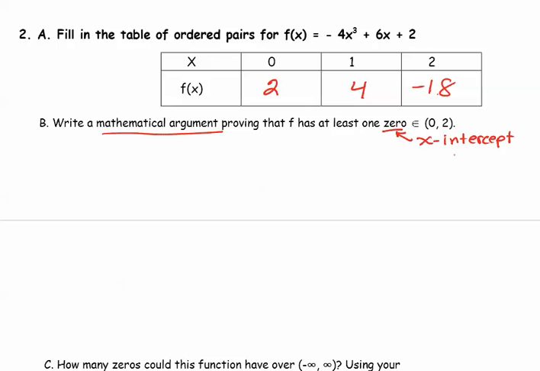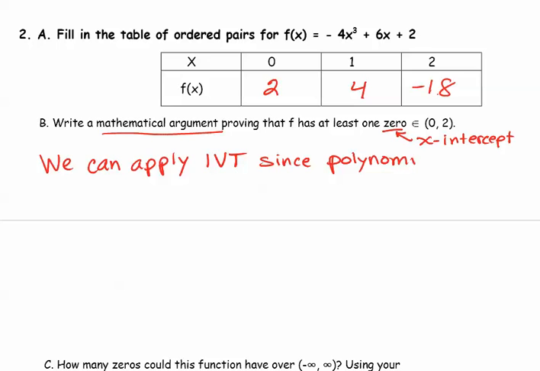So let's write our IVT argument. And I could say, I'm just trying to write this differently so you see some variety. We can apply IVT since polynomial functions are continuous over all reals.